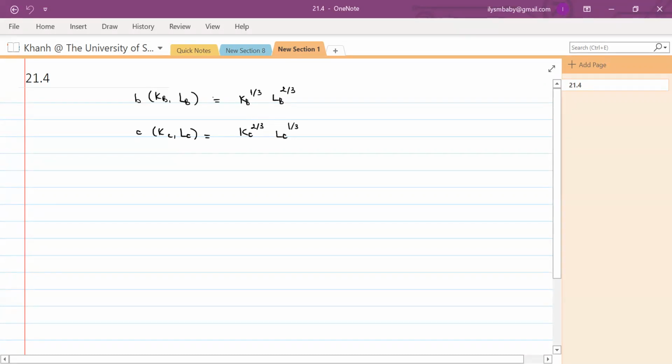So that is the problem where the two firms are trying to find out the optimal amount of capital and labor they would like to use, and then they can trade with each other in order to achieve that optimal allocation. That optimal allocation is called a Pareto optimal allocation, where each firm is maximizing its production function.